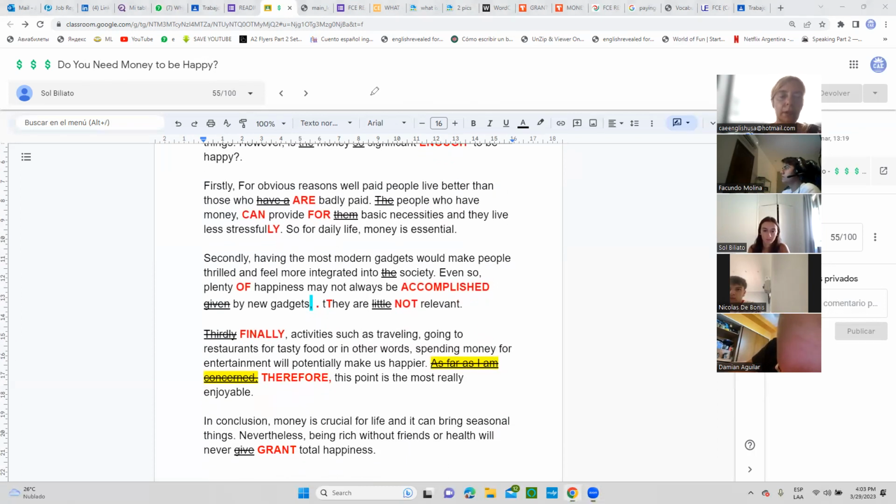Okay. Firstly, for obvious reasons, well-paid people live better than those who are badly paid. No, "who are badly paid". First of all, we have a situation here. You wrote "the badly paid", but paid is a verb. So you're not going to write an article with a verb.